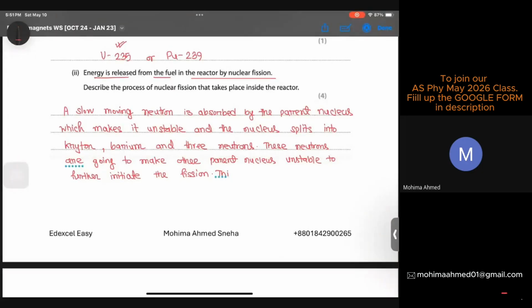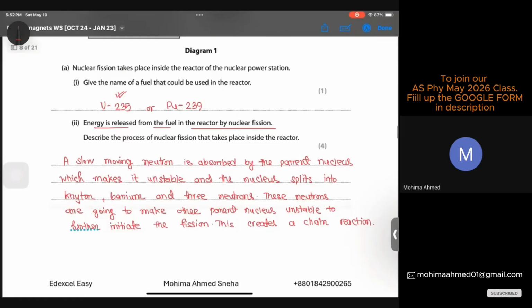These neutrons are going to make other parent nuclei unstable to further initiate the fission. This creates a chain reaction. Chain reaction, right? These are your 4 points.